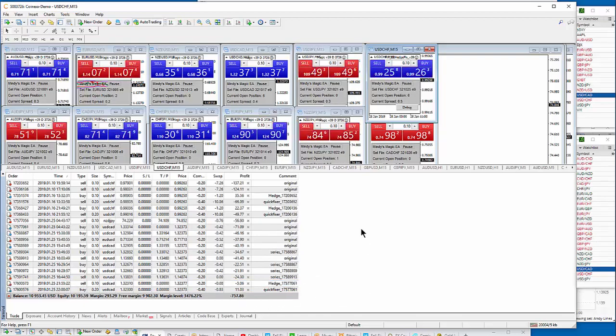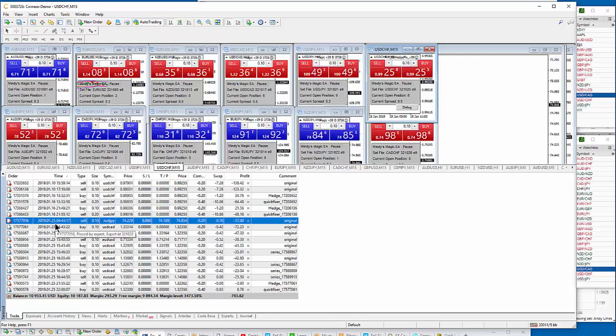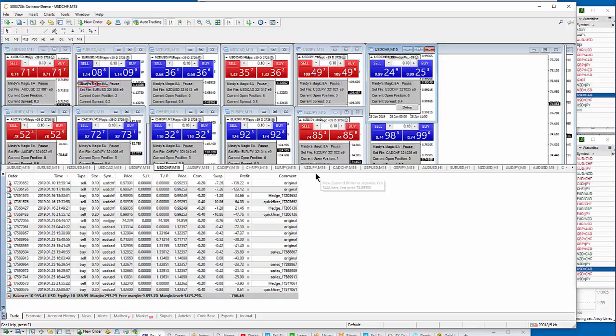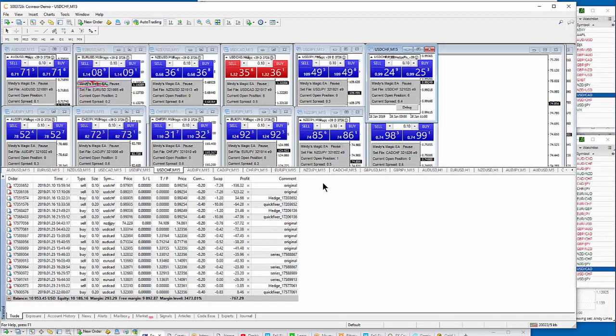And so on Friday it put in a hedge and a quick fixer. Now on Friday we got quite a few trades, a whole bunch more trades than we've had in the past. But you can see the dates here that all of these trades from here down all entered on Friday of last week. Now, over the weekend when the spreads got very high, the negative PL on the account was getting pretty ugly.